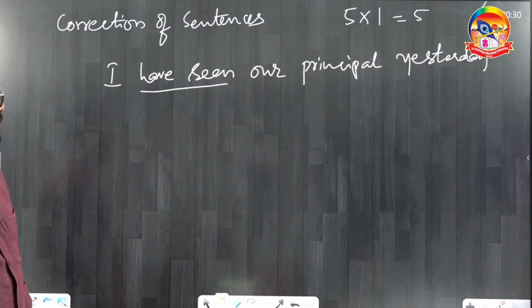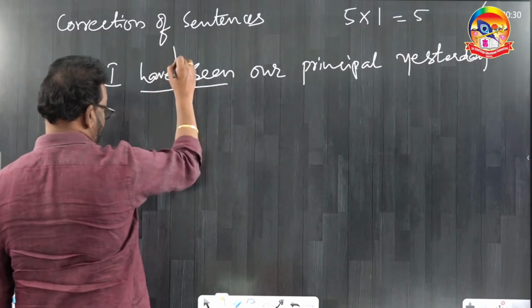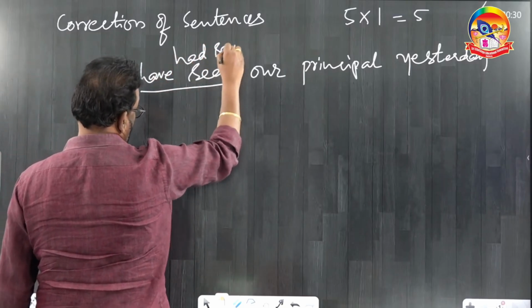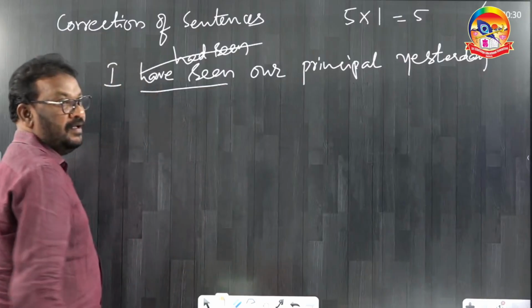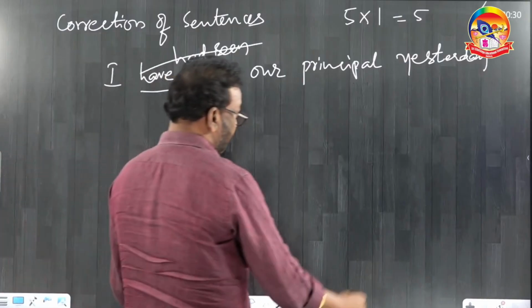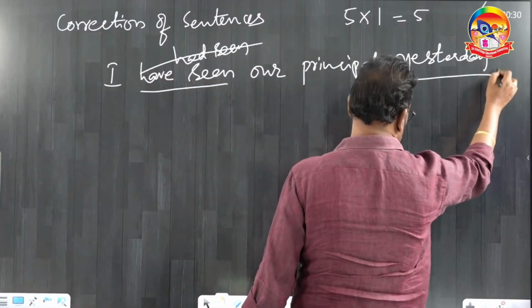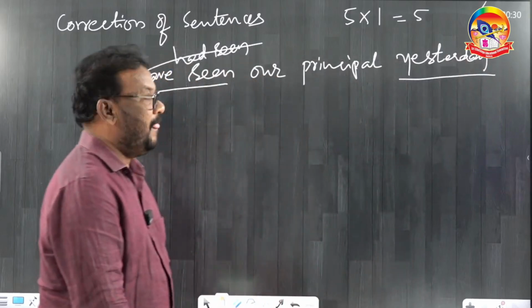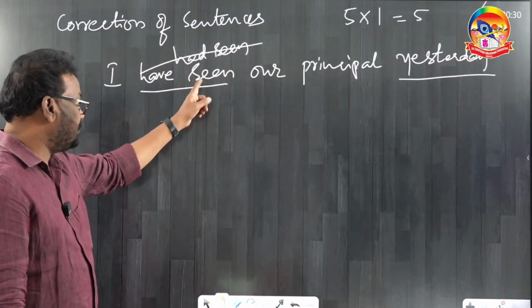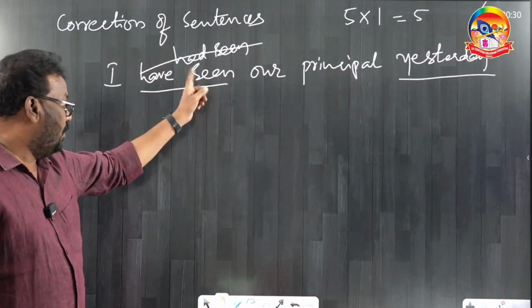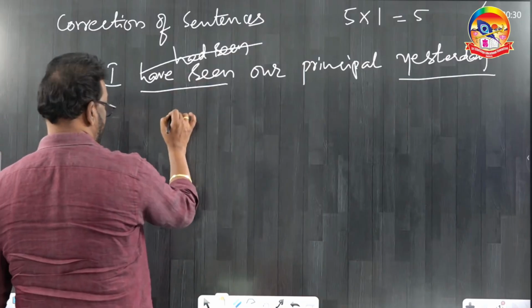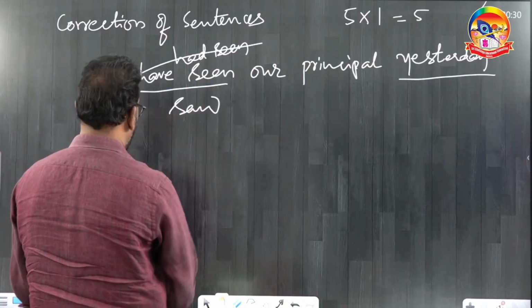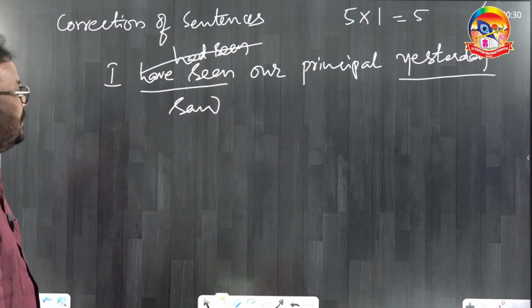But most of the students blindly write had seen, which is wrong. Why? Here you find the adverb indicating simple past. So you need to use the past form of seen. And what is the past form of seen? Your answer is saw. I saw our principal yesterday.